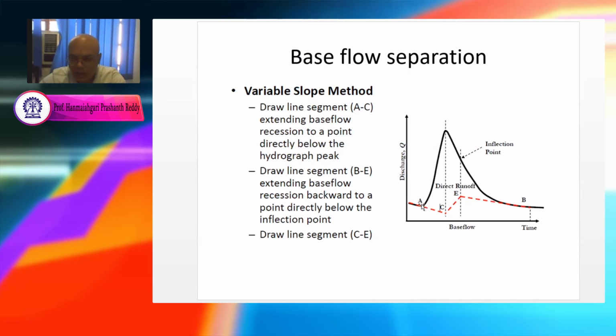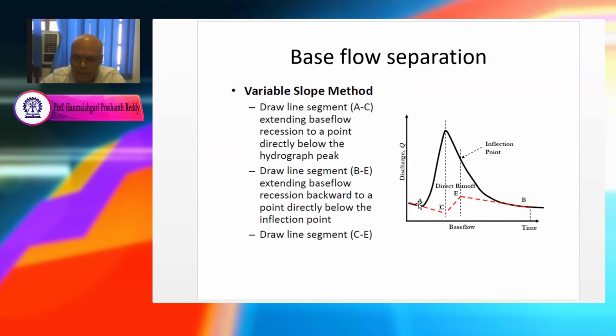Draw a tangent at point A. This is the tangent drawn on the curve at point A. Draw one vertical line through the peak that meets this tangent at C. Now draw another tangent at point B that intersects a vertical line through the inflection point at E. Then join CE.